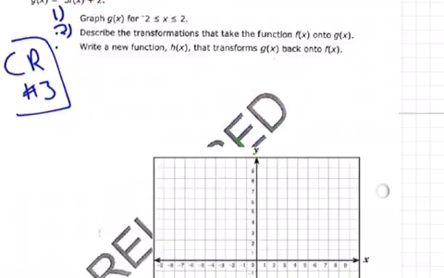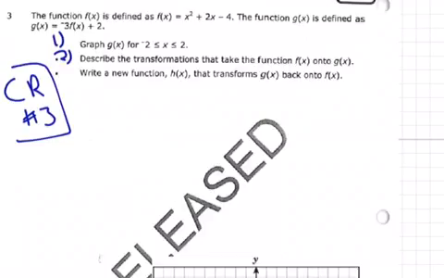All right, part 2, describe the transformations that take the function f of x onto g of x. How do we go from f of x to g of x? Well, let's look at what we did. We multiply the whole f of x by negative 3. There's probably a couple different ways I could describe this.